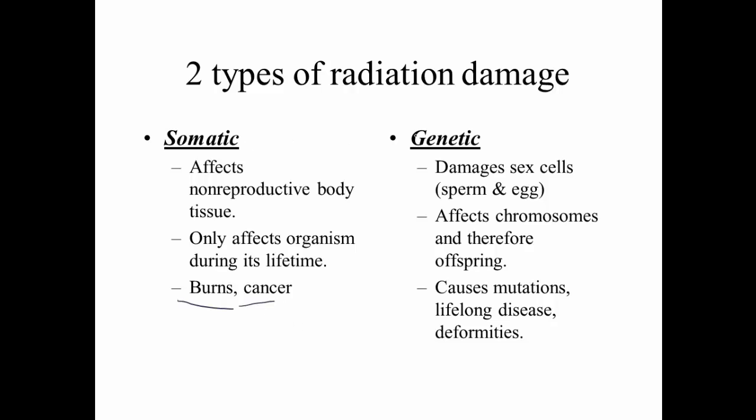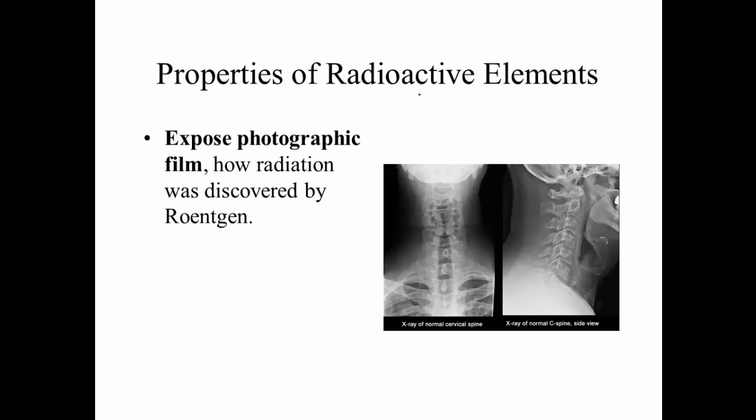Whereas genetic damage actually damages your sex cells, like your sperm or your eggs, and that's going to affect your chromosomes, and therefore any offspring formed from that sperm or egg have mutations, lifelong diseases, deformities, and things like that. So somatic affects just one generation. Genetic damage is going to affect offspring for many generations.